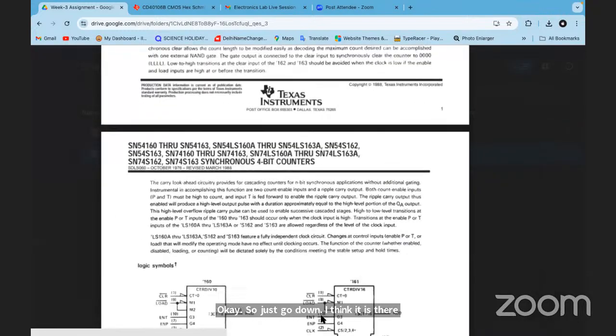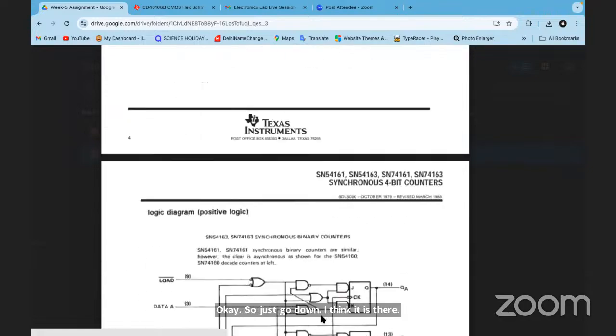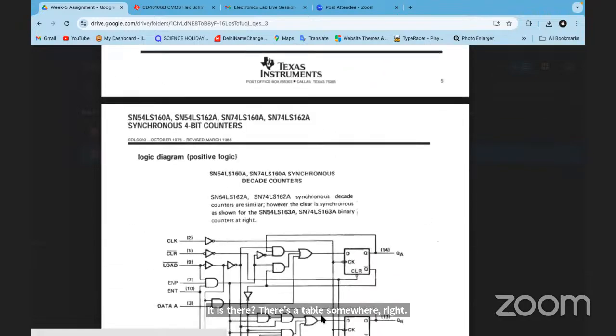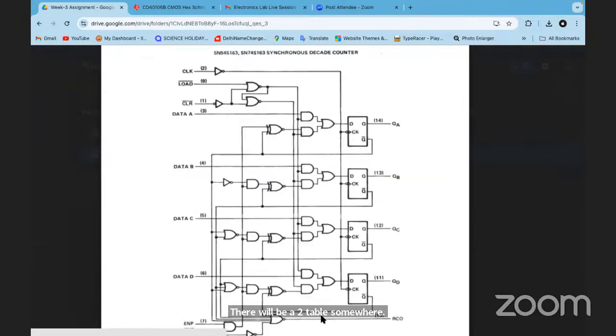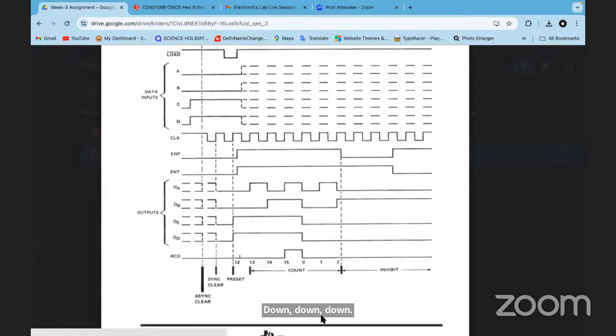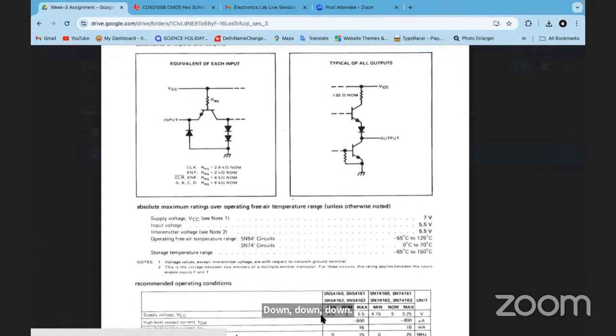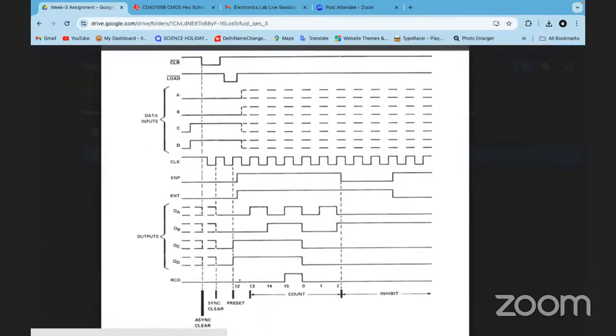There's a table somewhere, right? There'll be a truth table somewhere. Down, down. Wait. Go up, go up. Stop.